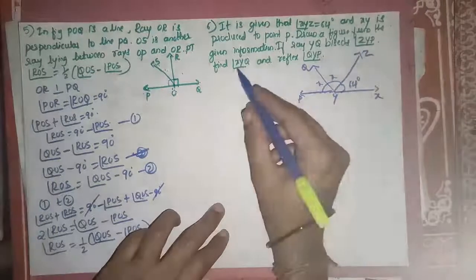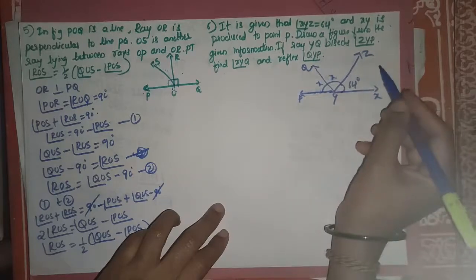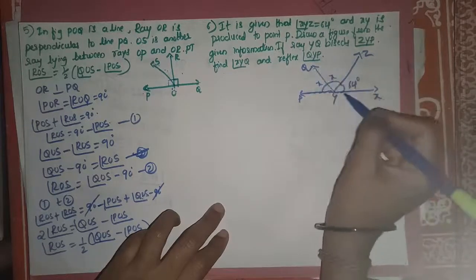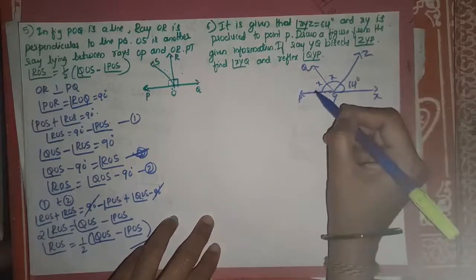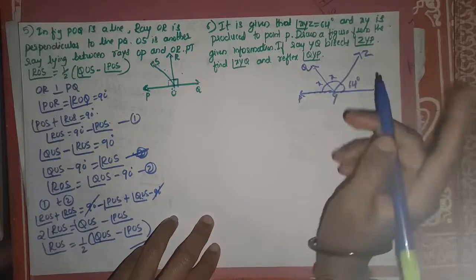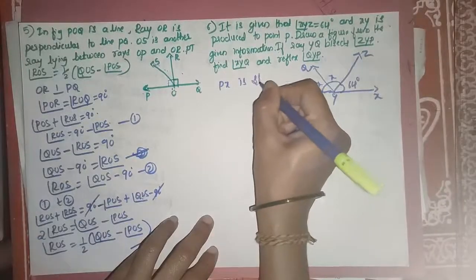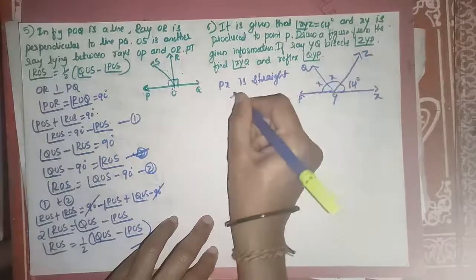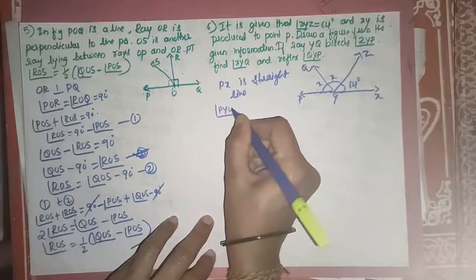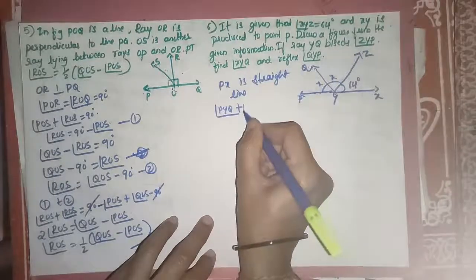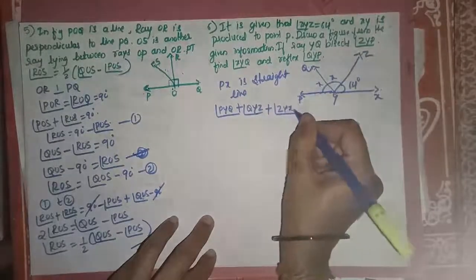We need to find out XYQ and reflex of QYP. So here in this case, we know that the sum of these three angles is 180 because they are on the same line, that is, PX is a straight line. So PYQ plus QYZ plus ZYX equals 180 degree.